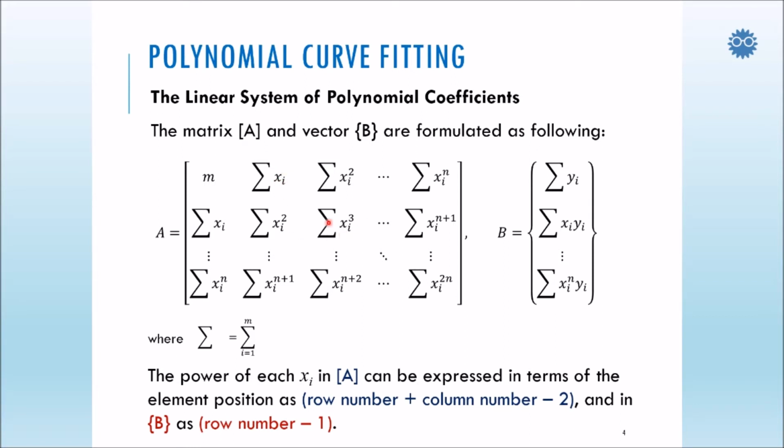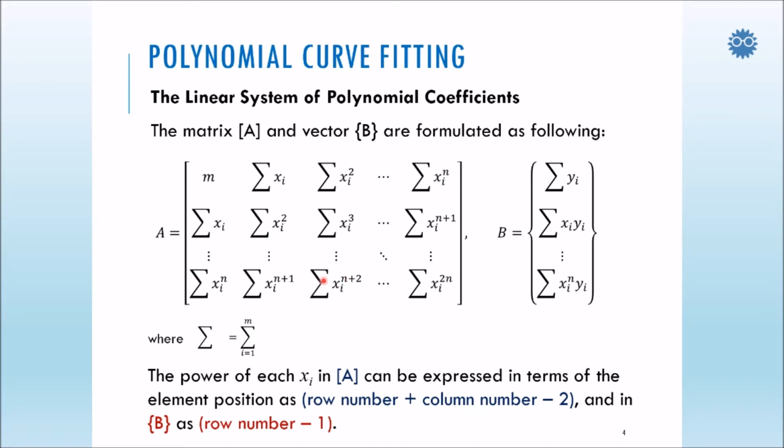Let's take this element, for example. Here, the row number is 2 and the column number is 3, so 2 plus 3 equals 5. 5 minus 2 is 3. Here, for example, this is the row n plus 1, because if we start here from x to the power 1 up to the last one, which is n, that means the number of rows is n plus 1.